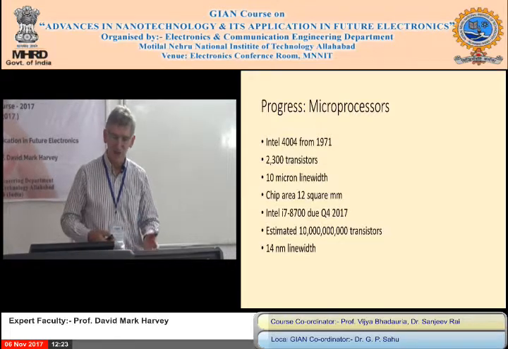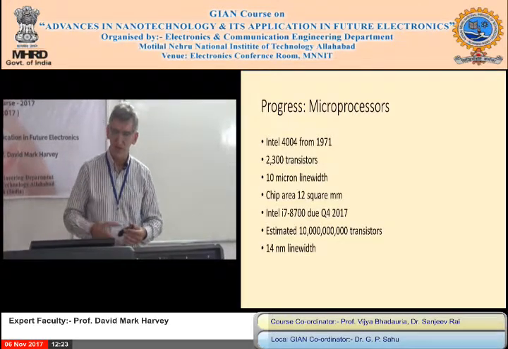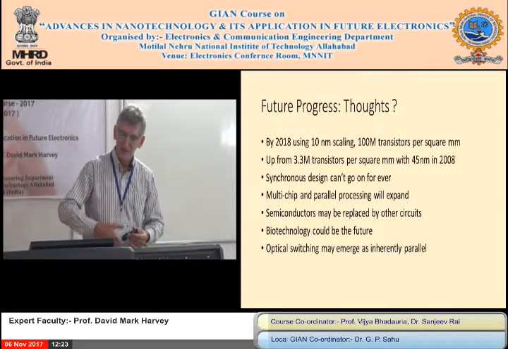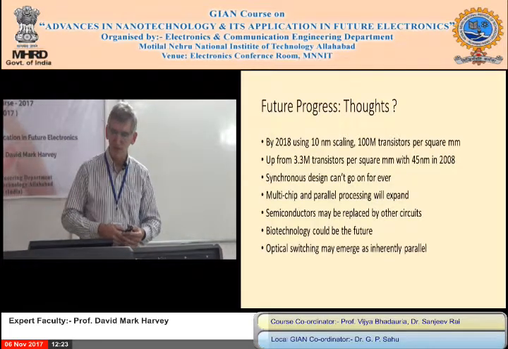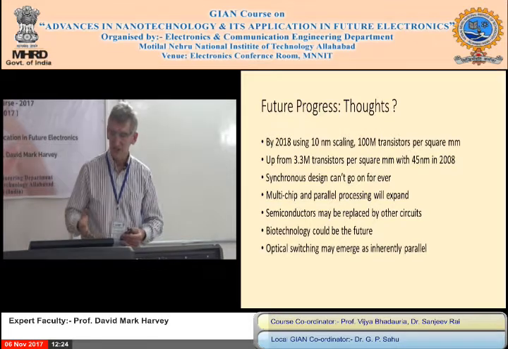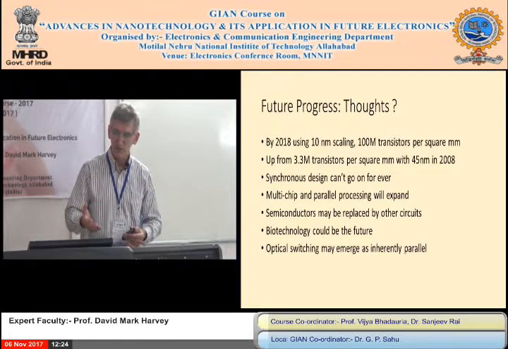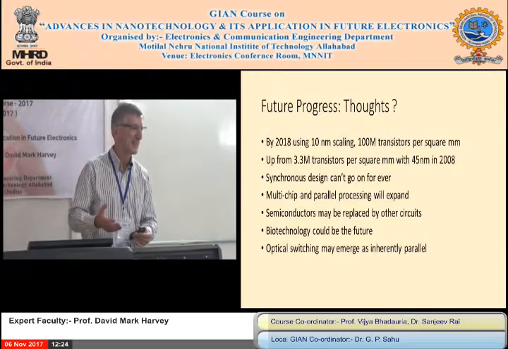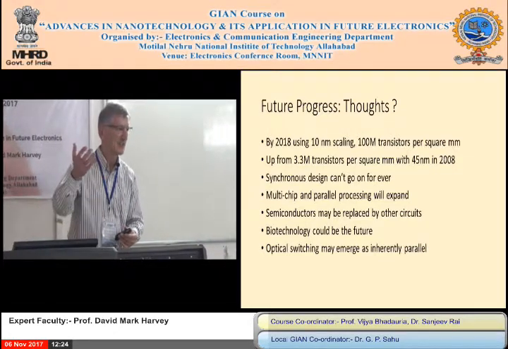And just to show you how it's advanced, from 2008, which is only 10 years ago, was 3.3 million per square millimeter, using 45 nanometer technology. So in less than 10 years, it's gone from 3.3 million to 100 million. So the next generation, I don't know what it's going to be.